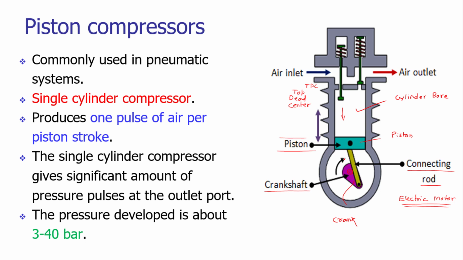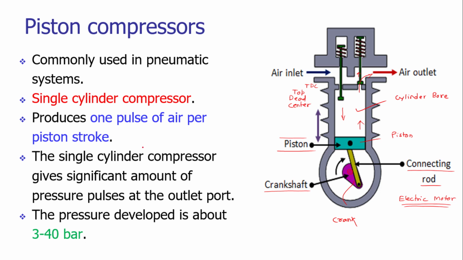For the next half rotation of the crank, the piston will move in an upward direction, and during that upward movement, the inlet valve will get closed, and due to the increase in pressure on the air, the outlet valve will get opened, and the pressurized fluid will come out of the cylinder bore in pulse mode.